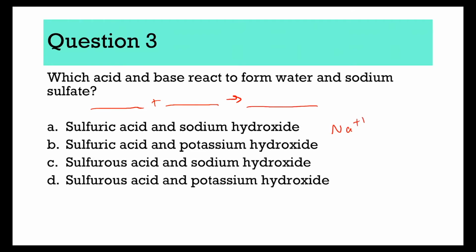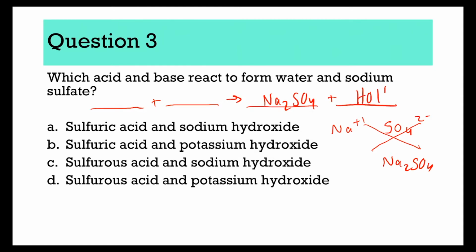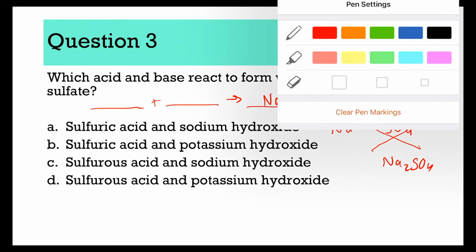Sodium has a +1 charge. On Table E, sulfate is SO4 with a 2- charge. So when you crisscross, you get Na2SO4. And we're also making our water. Again, we're going to abbreviate that HOH just to make our life a little bit easier.